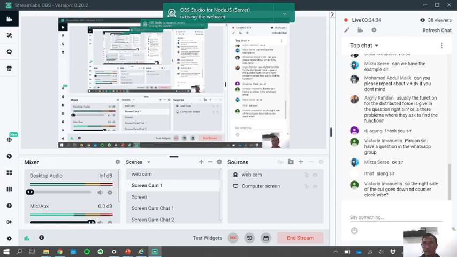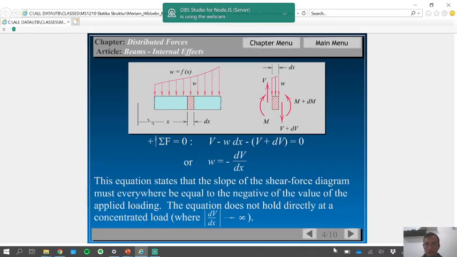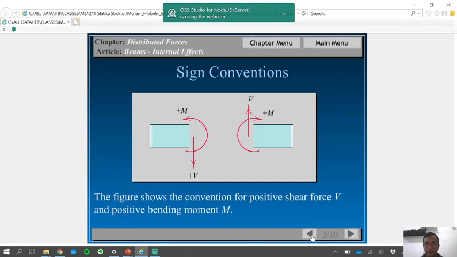Yep, correct, Victoria Emanuela. The right side of the cut goes down for the shear force, and the moment is counterclockwise. Yes, it's correct. Because as I told you before, we follow this sign convention. At the right side of a cut, the positive shear force is going down, and positive moment is going counterclockwise.